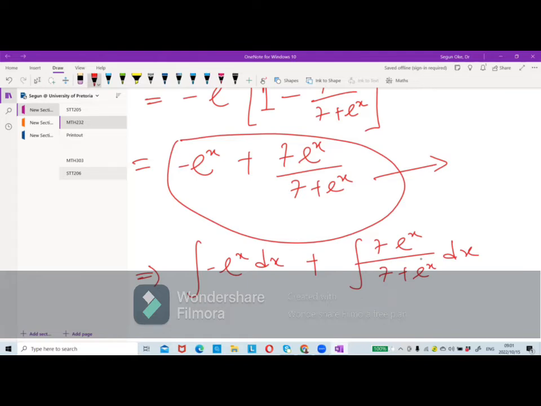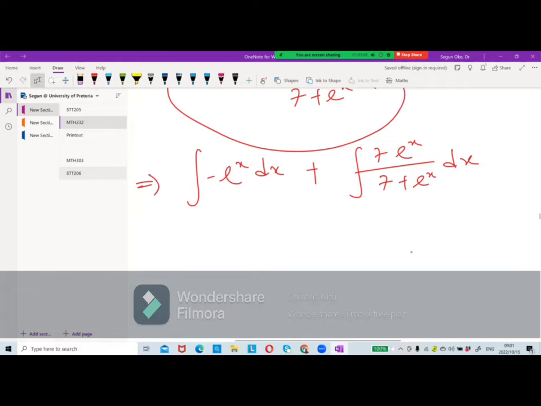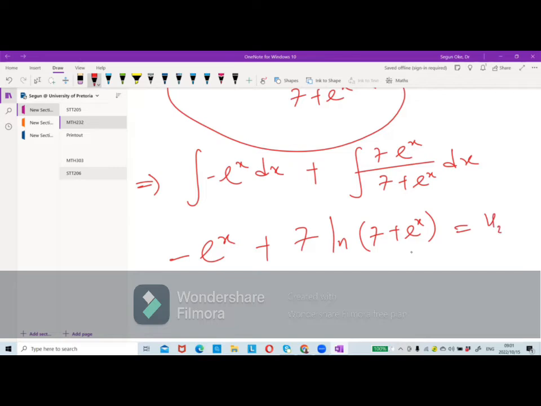If you solve this one very well, using the same method we did the other time, you're going to have minus exponential x plus 7 ln(7 plus e^x) plus C. Any question?